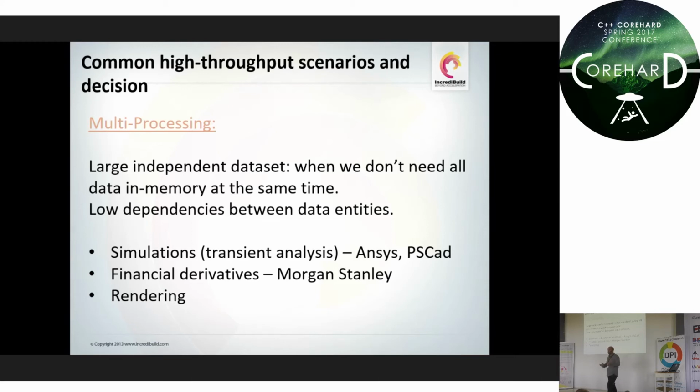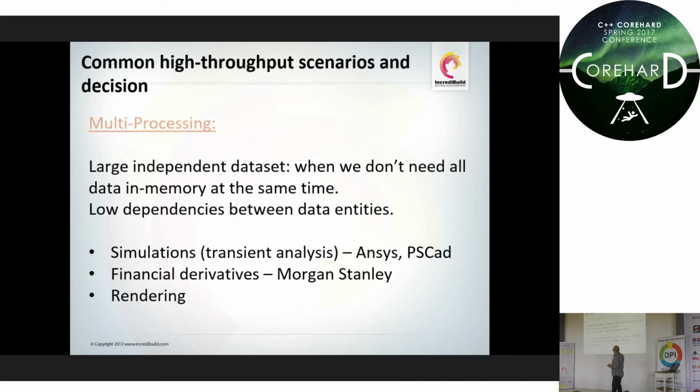But instead of running the full 1.5 hours, I can run 91 one-minute frames rendering. So this is a large data set that I can break into multiple data sets. Other examples are simulation, financial derivatives, for example, when you want to calculate some kind of financial algorithm per paper, per stock, rendering, and other scenarios.